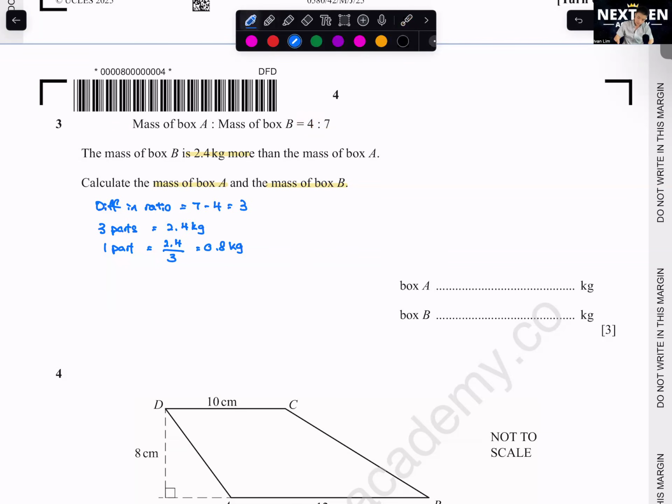A is 4 parts, then B is 7 parts. Which is 0.8 times 4 and 0.8 times 7. This will be 3.2 kg for A, and 5.6 kg for B.